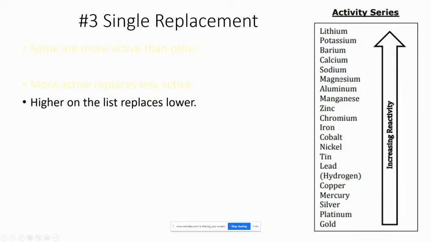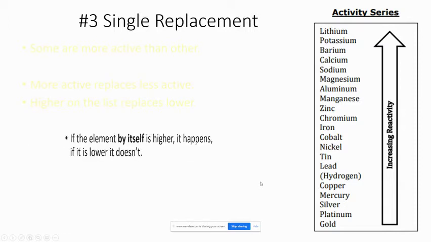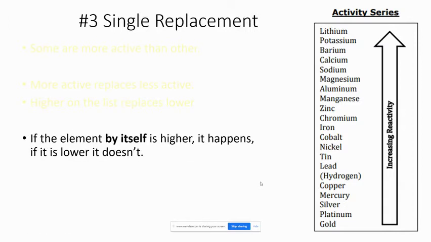If it's higher on this list, like lithium, it's the highest up, it will replace any of these things that it's lower than. If the element by itself is higher, the reaction happens. If the element by itself is lower, it does not happen.